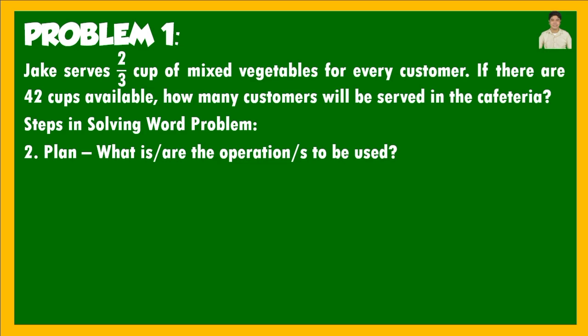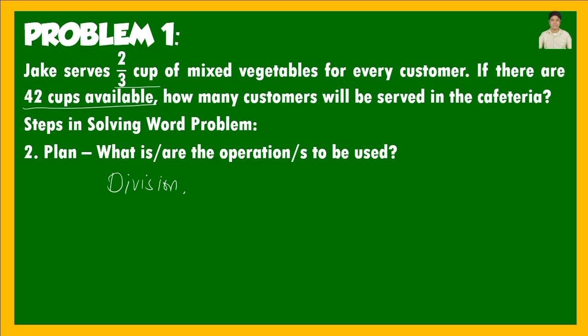Next, what is or are the operations to be used? So since 42 cups available and kada serving ng mixed vegetable is only 2/3 cup, so yung operation po natin dito is, of course, division. Okay.